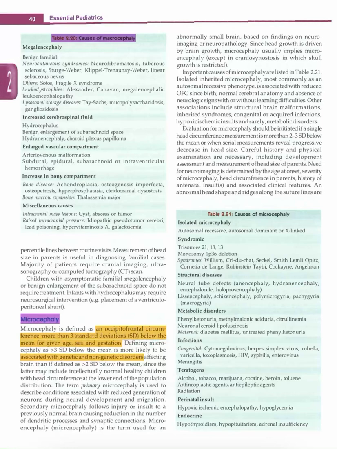Since the latter may include intellectually normal healthy children with head circumference at the lower end of the population distribution, the term primary microcephaly is used to describe a condition associated with reduced generation of neurons during neural development and migration.